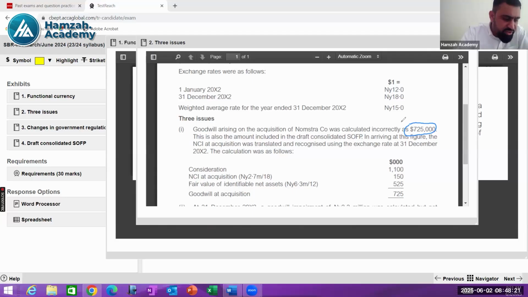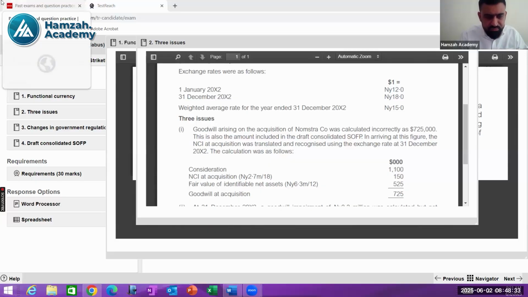So that is their first mistake. We have to rectify that mistake, and then we have to discuss how that mistake will be rectified in the consolidated financial statement.